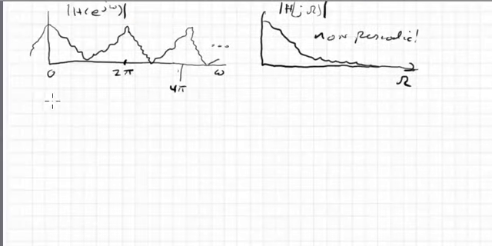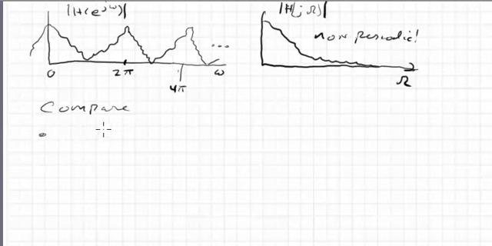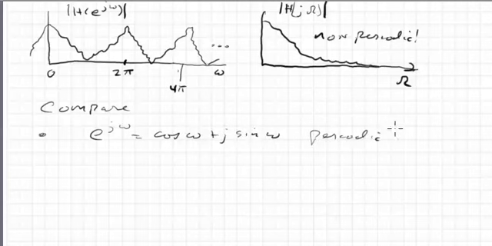So to briefly compare this result, we know that e^(jω) is cos ω + j sin ω, which is periodic every 2π, right? So any function of e^(jω) has to also be periodic in 2π.